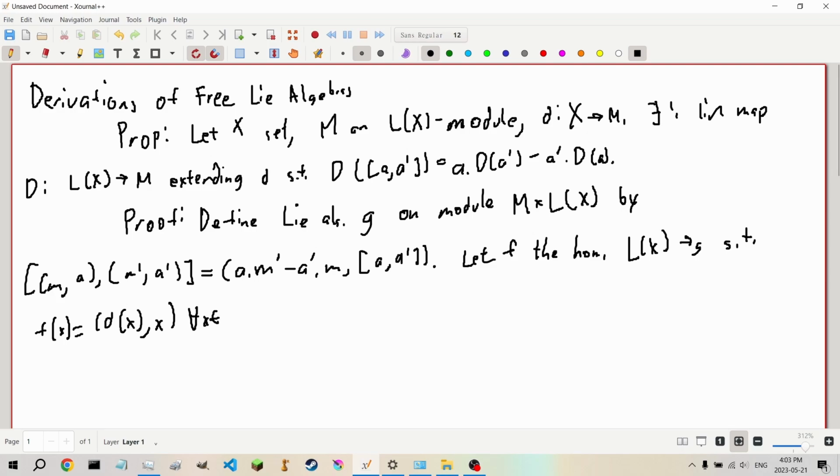This is for x in our generating set. Let f of a be D of a with U of a for all a in LX.